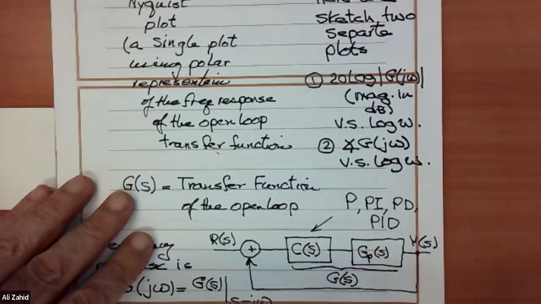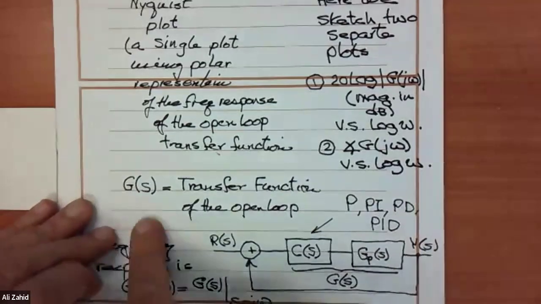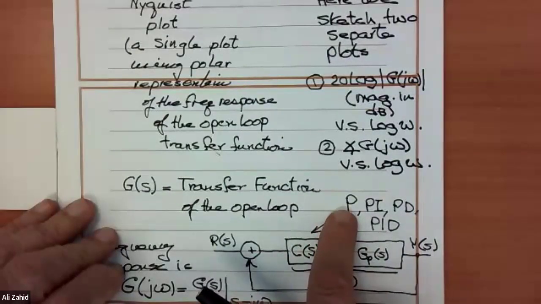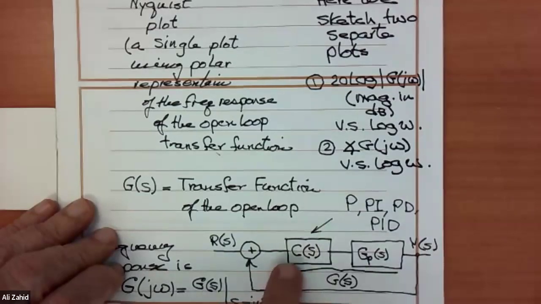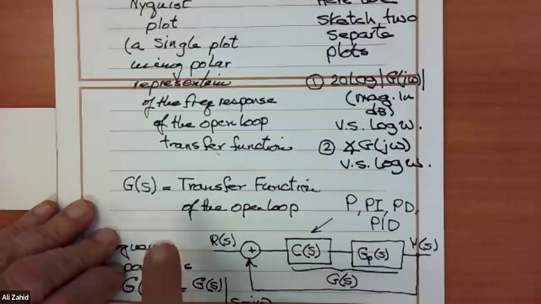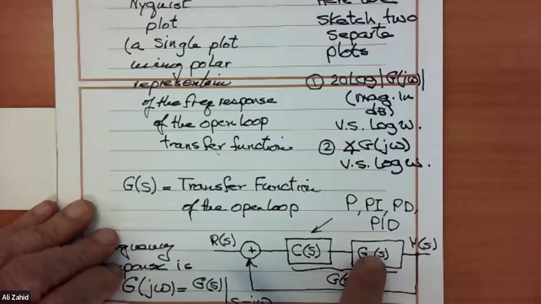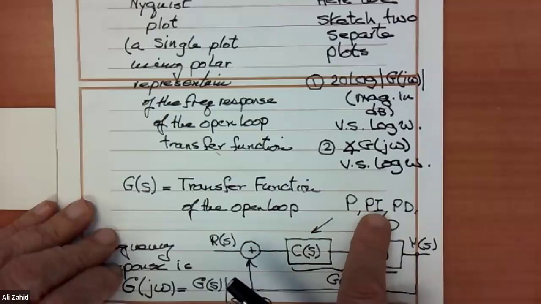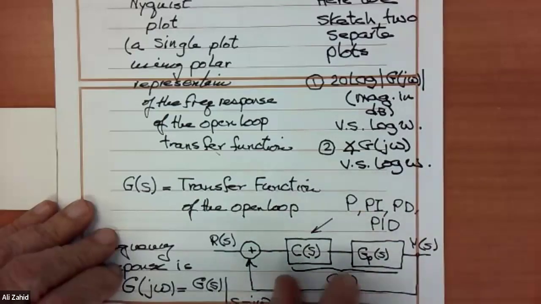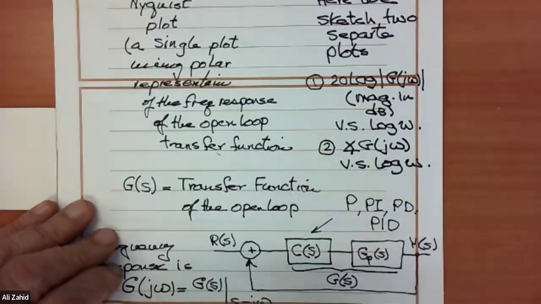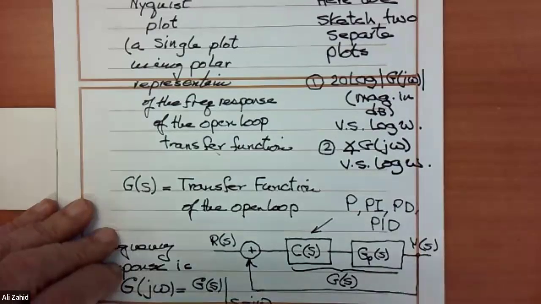Which means G(s) is the plant. But if you use a controller, is it possible it's only proportional? Yes, which means this will be K. So G(s) will be K times G_P(s). Again, is it possible that it will be PI? Yes, which means G(s) will be the transfer function of the controller times the transfer function of the plant, and so on and so on, for everything. Clear?